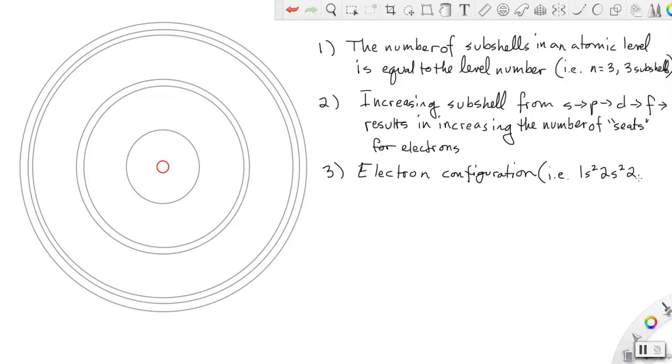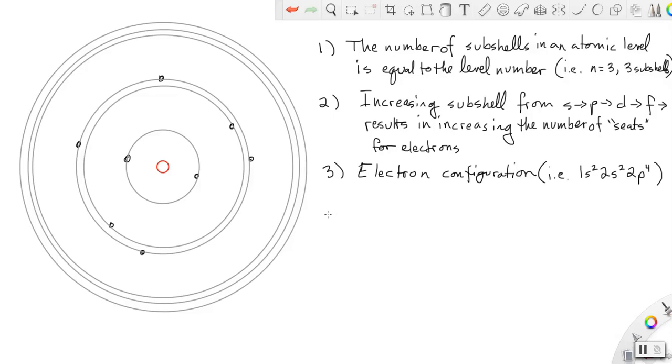And then we move on to the next one, which is 2p, and we have 4 electrons left. We could have put 6 here total, but we only have 4 to give, and that is our oxygen atom. So that is the electron configuration and our process for building that. Visually, we're putting 2 here and 2 here, and then putting 4 on the n equals 2 p subshell, and that is the oxygen atom.